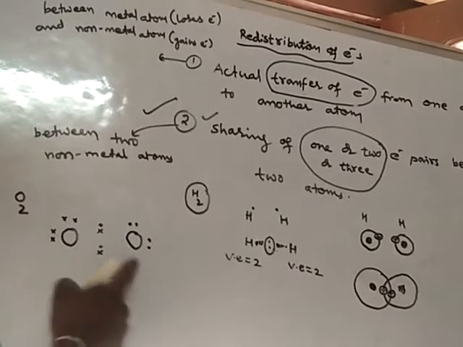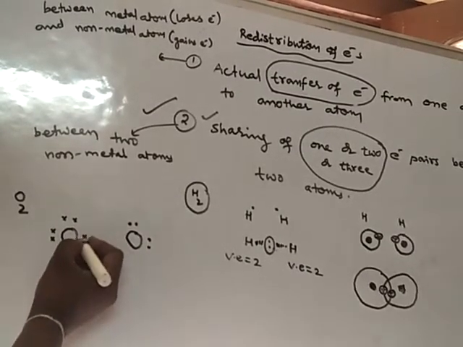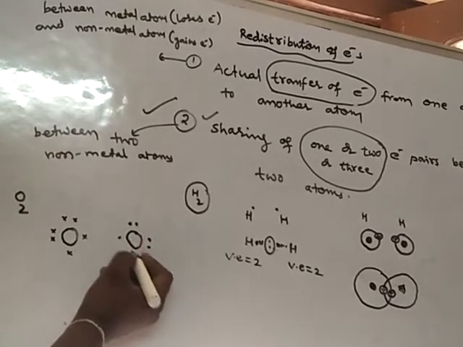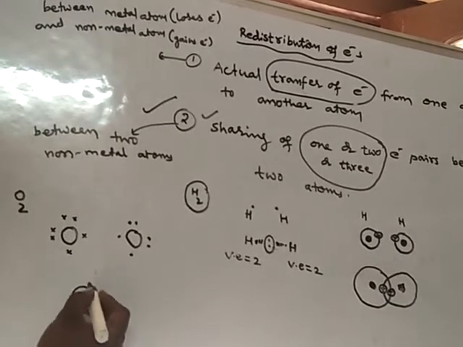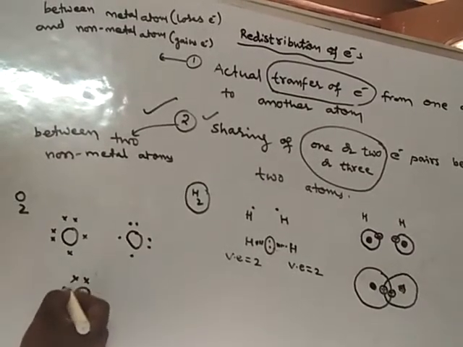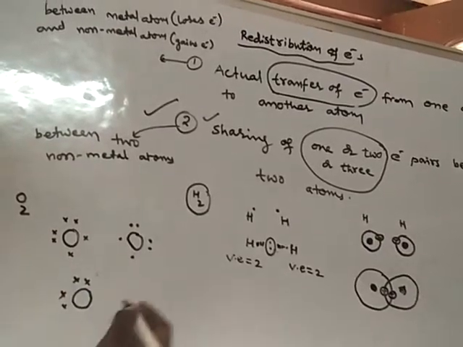Now between these two atoms, two pairs of electrons are formed. Once again I am drawing down the next figure.